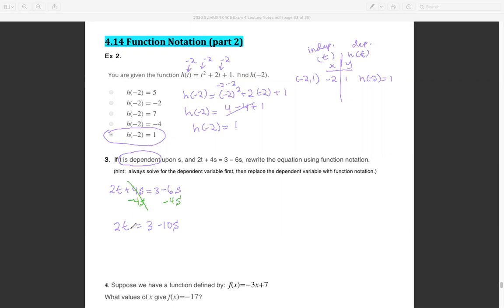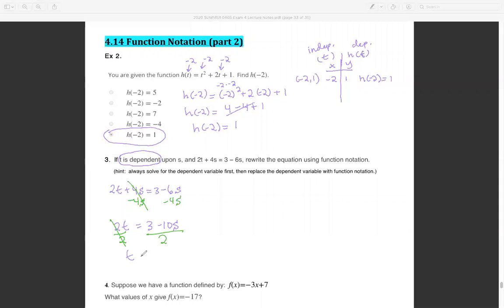And then we just need to divide by 2 to both sides. So to undo multiplying by 2, we'll just divide by 2. And whatever you do to this side, you have to do to the entire side on both sides.